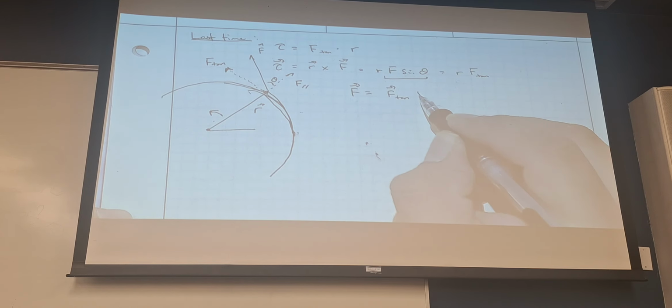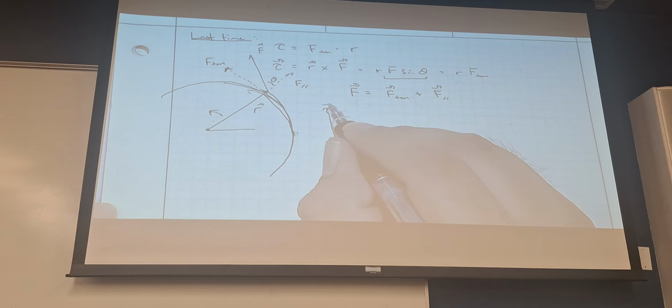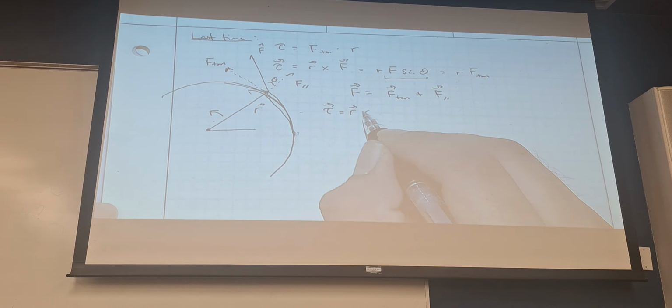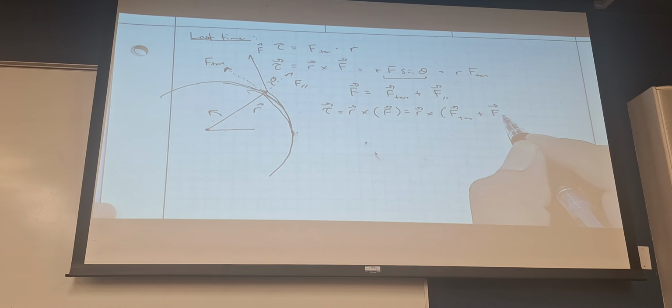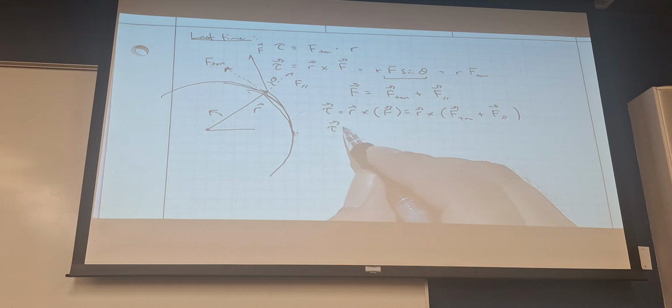So you could write F as F tan plus F parallel, right? And if we were to do this, tau is r cross F, which would just give us r cross (F tan plus F parallel). And if we just factor this through, we get tau is equal to r cross F tan plus r cross F parallel.